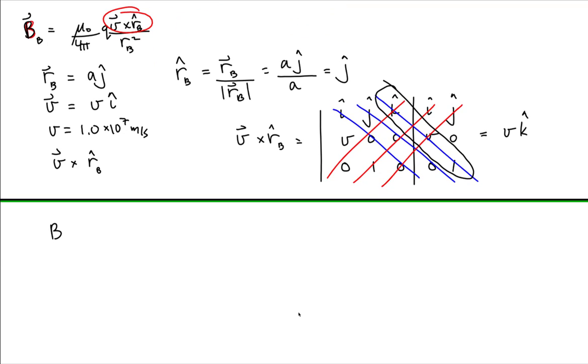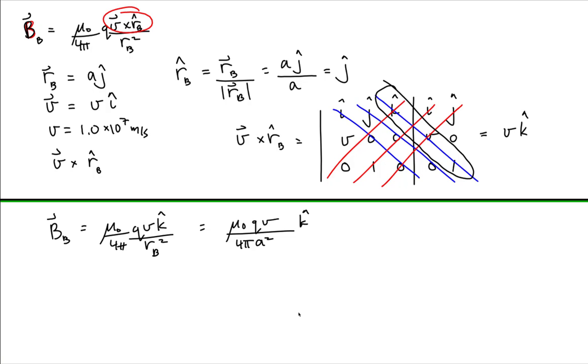So the magnetic field at point B is equal to mu naught over 4 pi q, the cross product between v and the unit vector, which we just found to be v k hat, over r sub B squared. Now this is just mu naught q v over 4 pi a squared k hat.